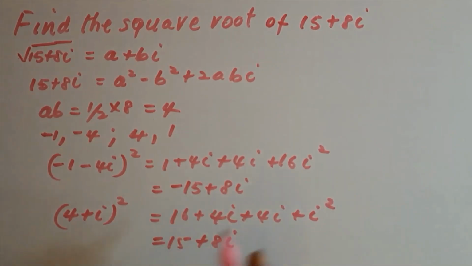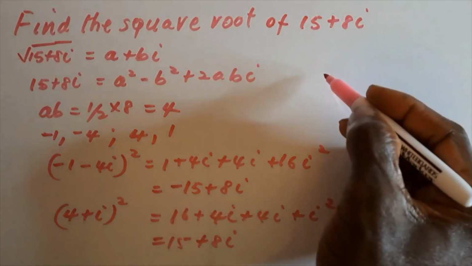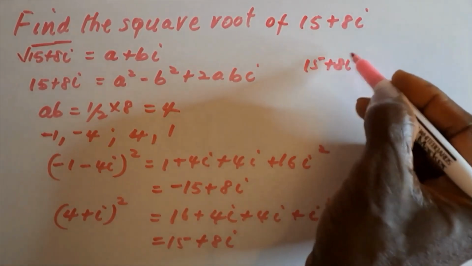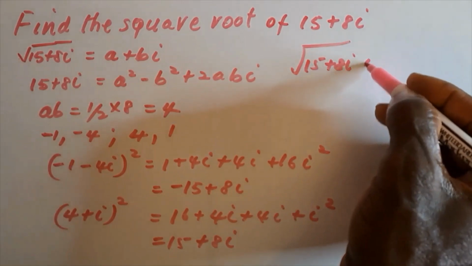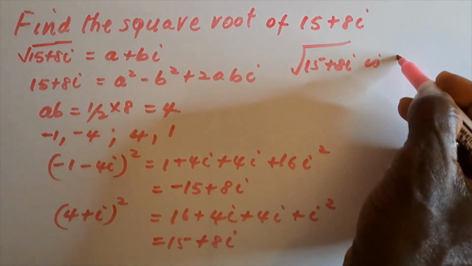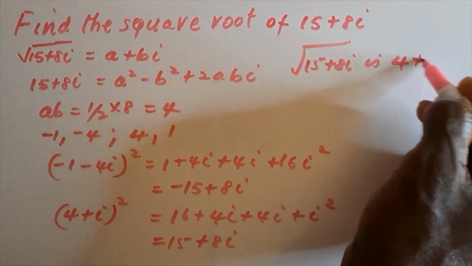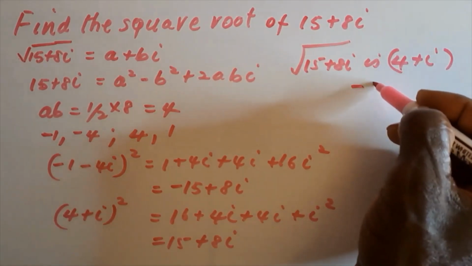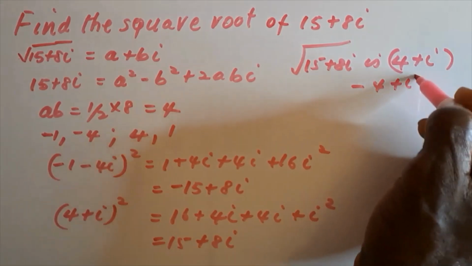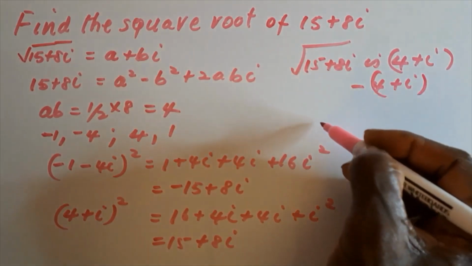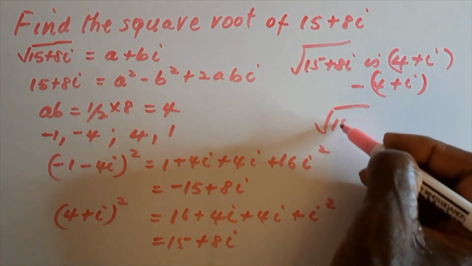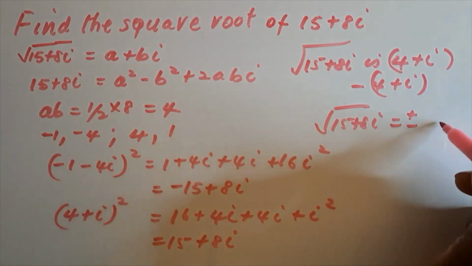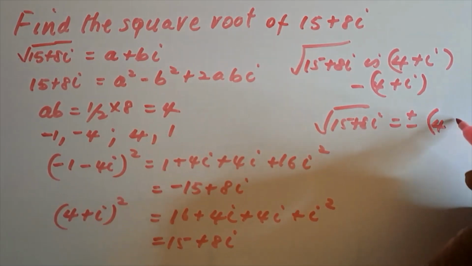So the square root of 15 add 8i is 4 add i and -4 add i, which you can write as the square root of 15 add 8i equals plus or minus 4 add i.